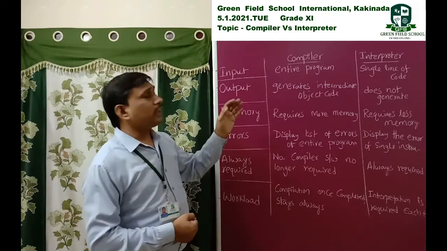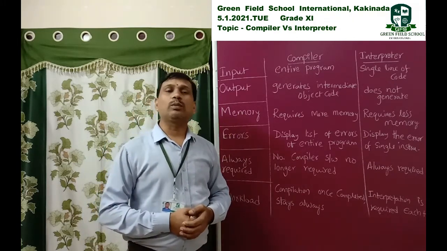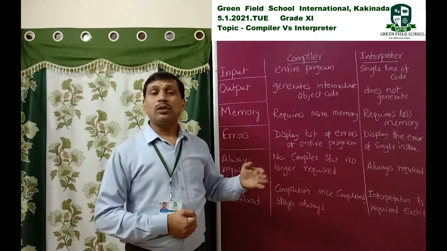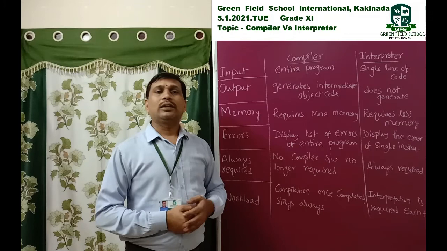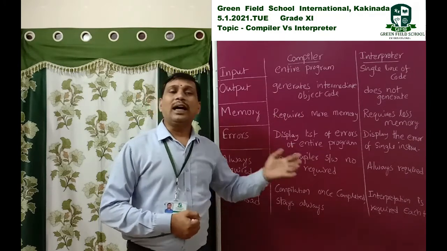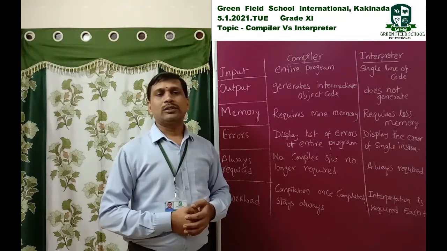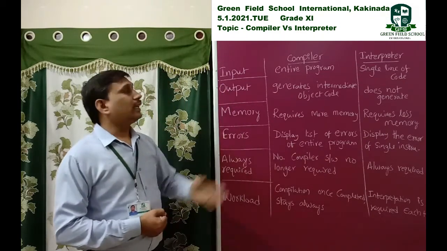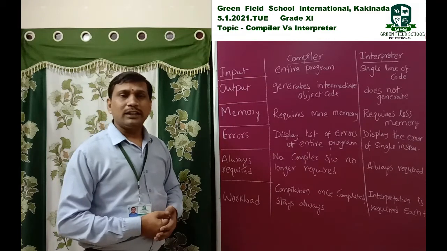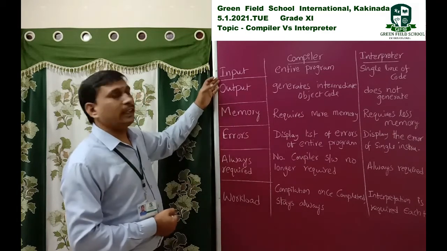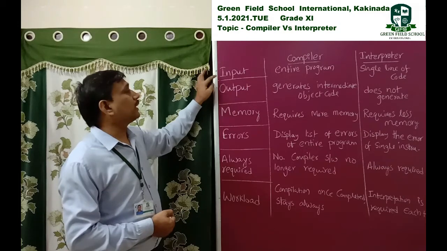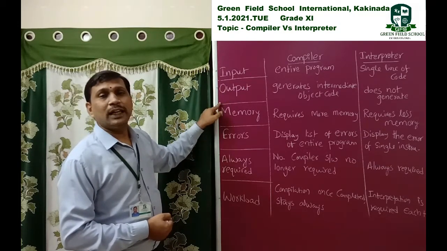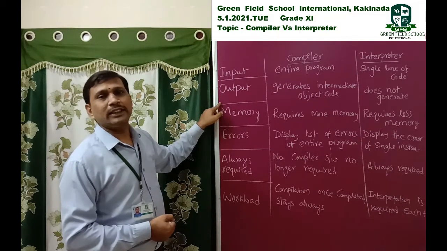When we convert any source code program into object code, we require either a compiler or an interpreter. So many differences are there between the compiler and the interpreter. The first one is input, the second one is output. Here the criteria is output.